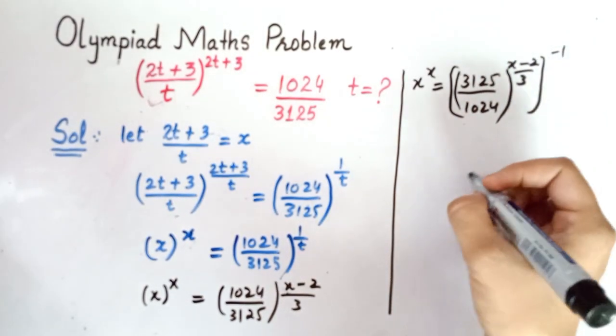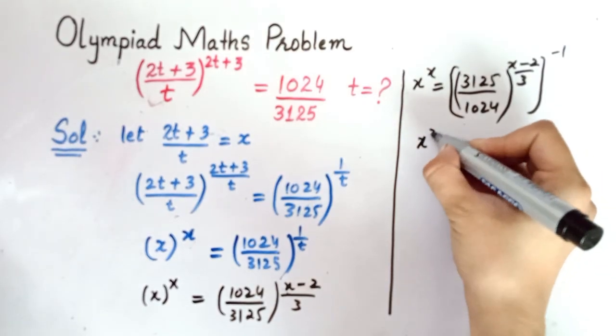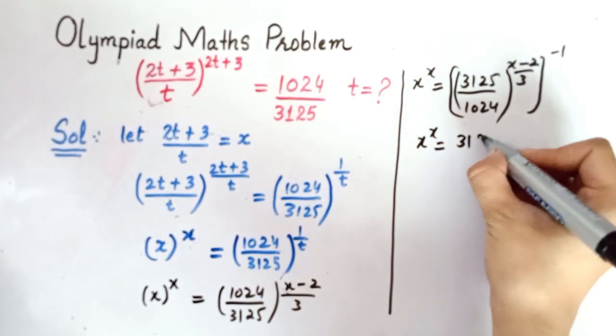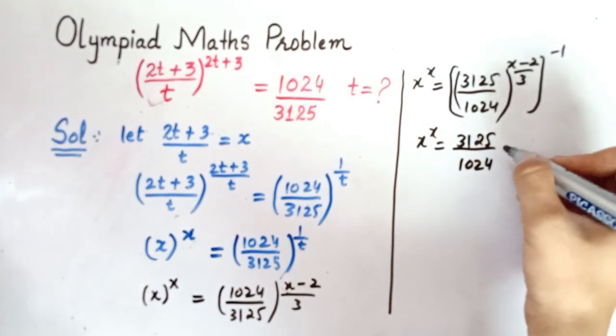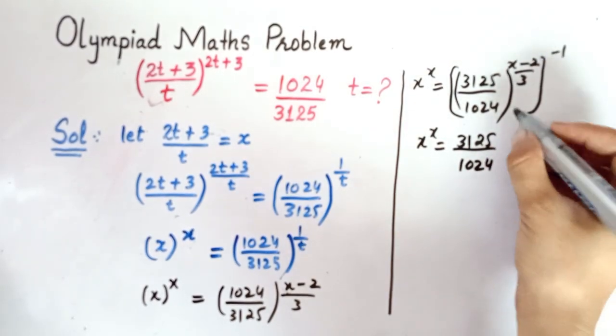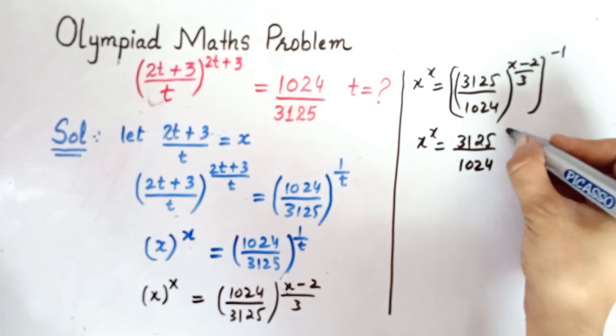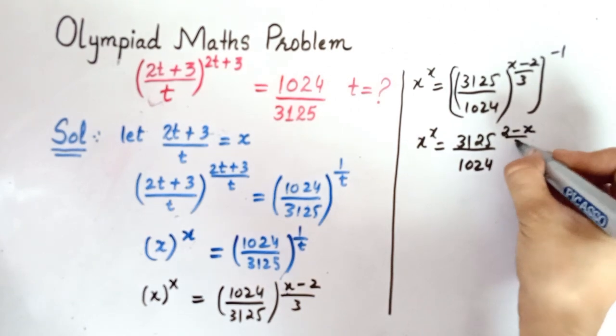So x to the power x equals 3125/1024 to the power (2 minus x)/3.